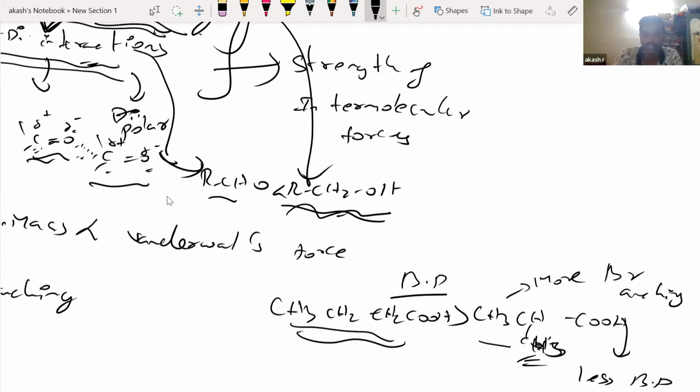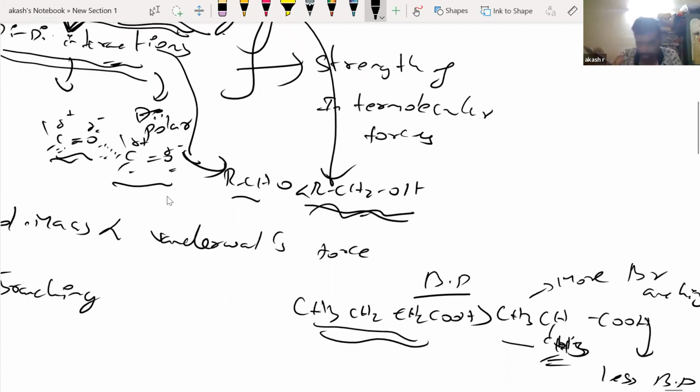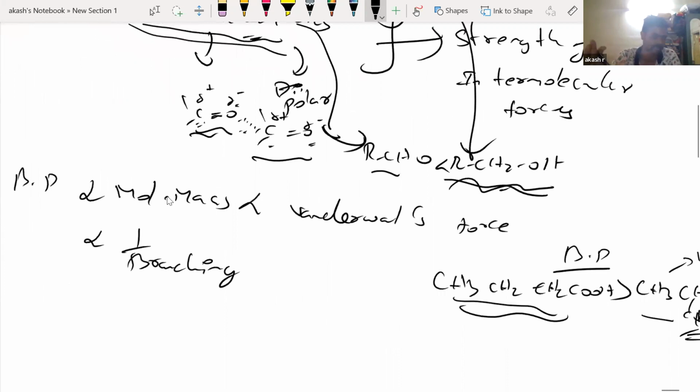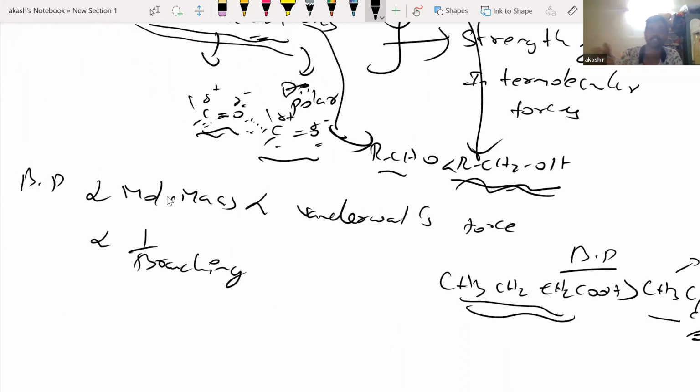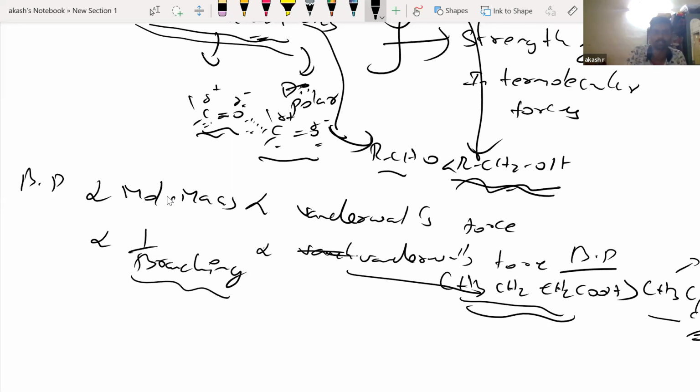Why? Because if branching increases, the strength of the van der Waals forces decreases. So boiling point is directly proportional to van der Waals force, but van der Waals force is inversely proportional to branching, so that's why boiling point is inversely proportional to branching.